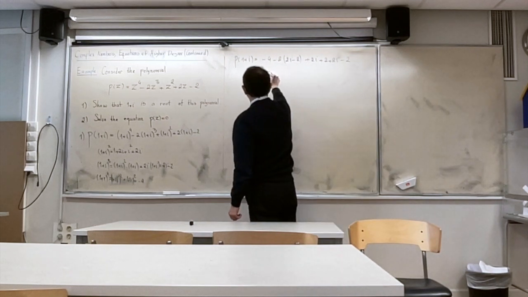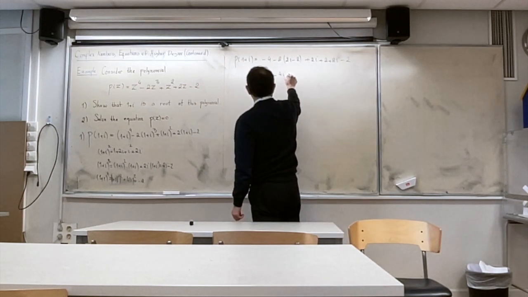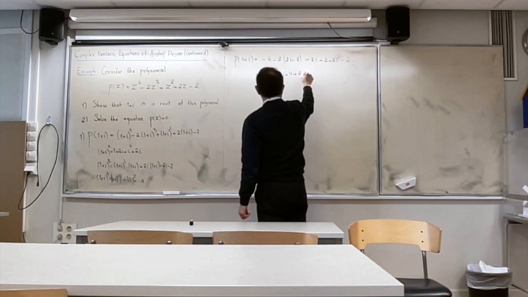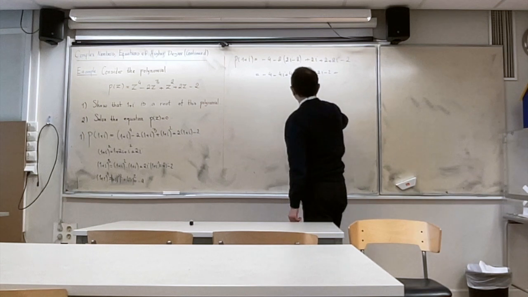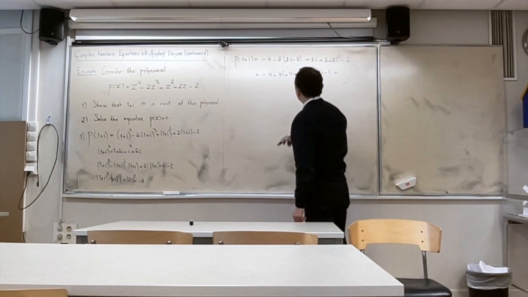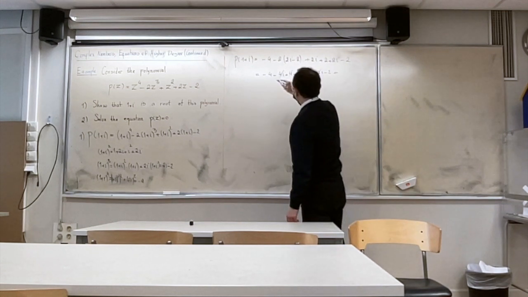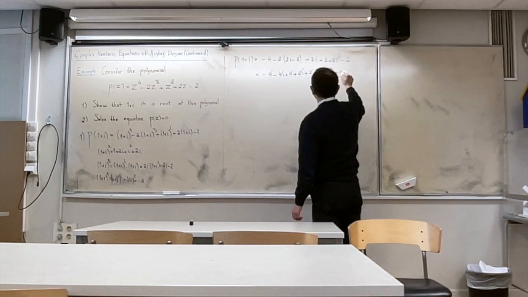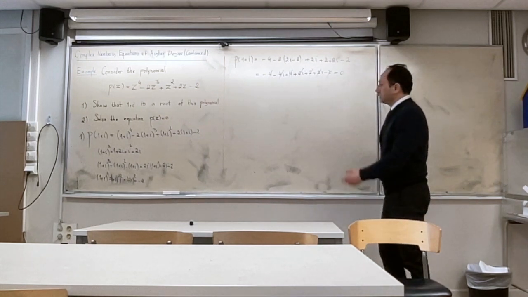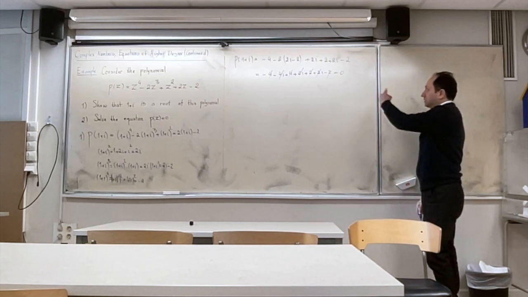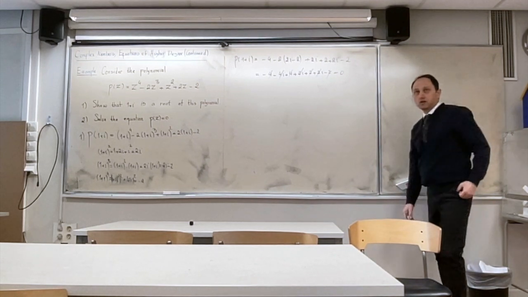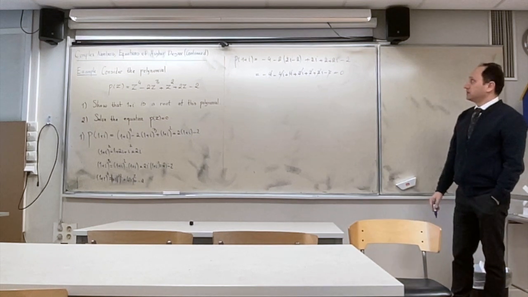Simplify one more step: minus 4i plus 4 plus 2i plus 2 plus 2i minus 2. So 4i and minus 4i are gone, 4 and minus 4 are gone, 2 and minus 2, yes, that's correct. I'm not saying that you have to do it that way, but anyway, the answer becomes 0. So this confirms that 1 plus i is a root.